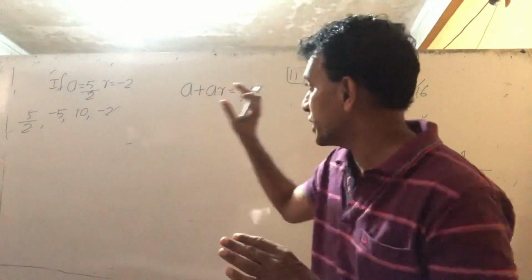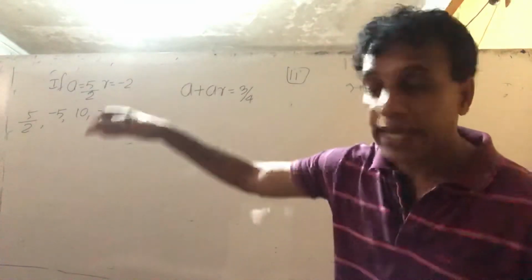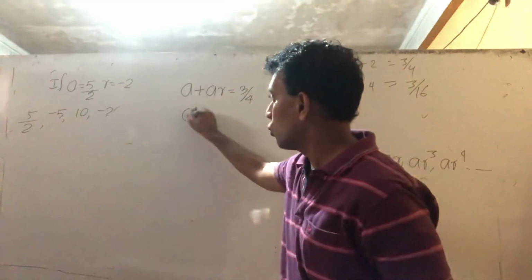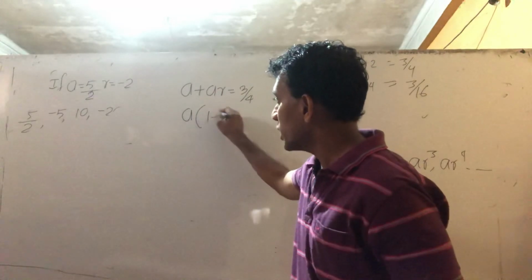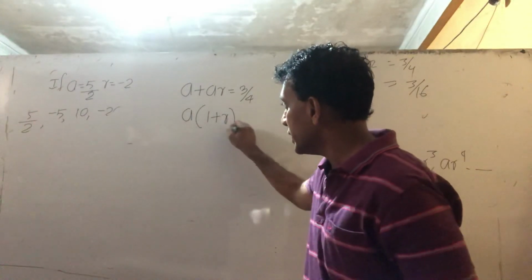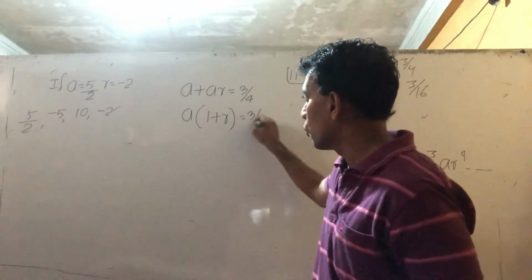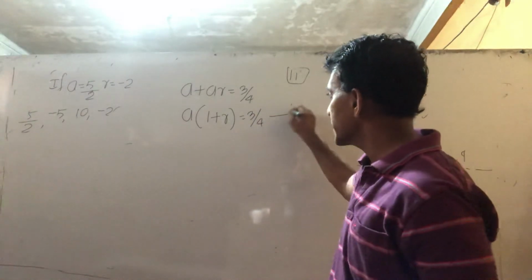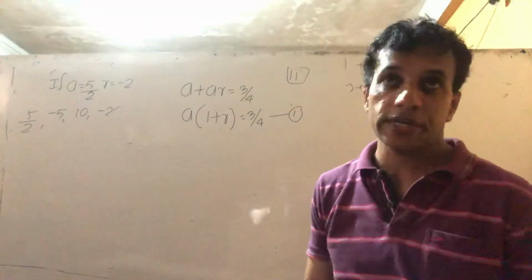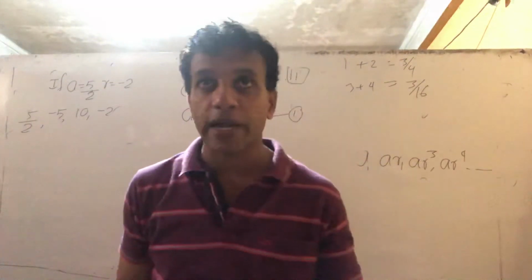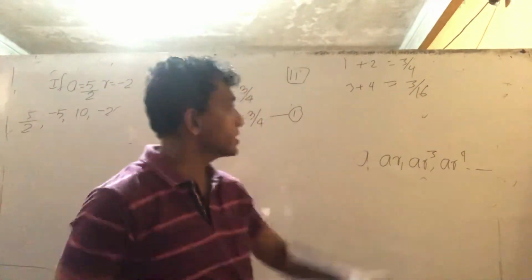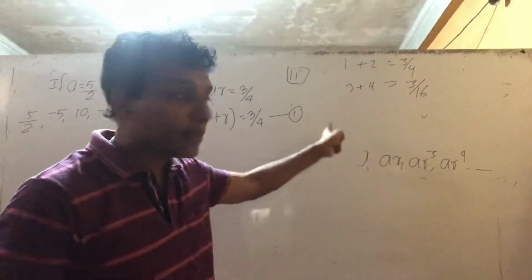Before putting the first equation, I take the A out. 1 plus R is 3/4. I say first equation, right? In a similar manner, connect the second equation: the third term and the fourth term.